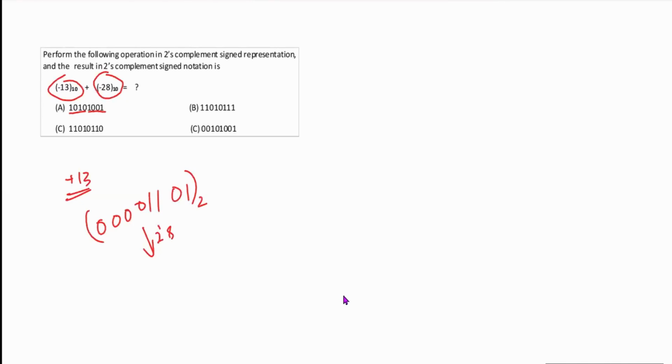So for minus 13, that will be 1 1 1 1 0 0 1. This is the representation of minus 13. In the same manner, you need to calculate the representation for minus 28. Minus 28 representation I can directly write as 0 0 1 0 0 1 1 1. Now you need to add those two numbers.